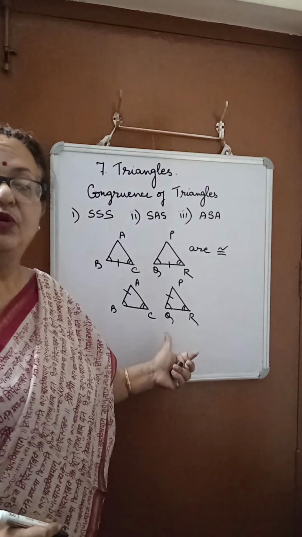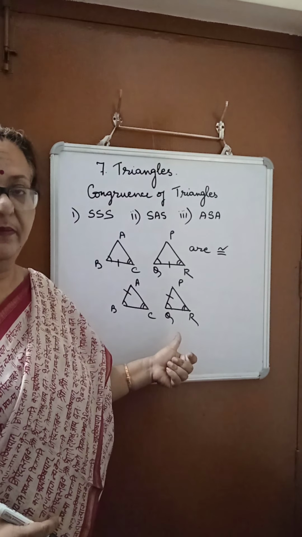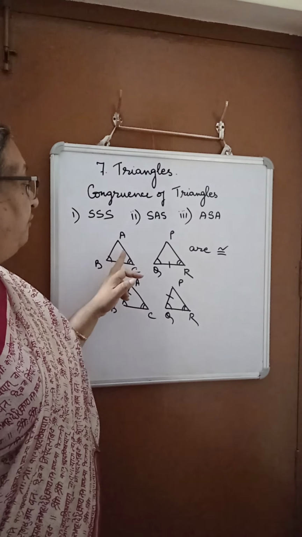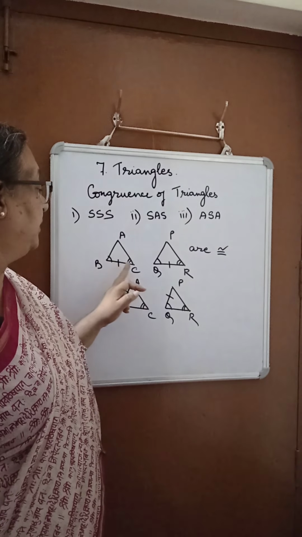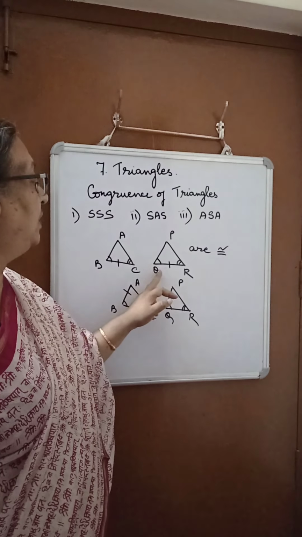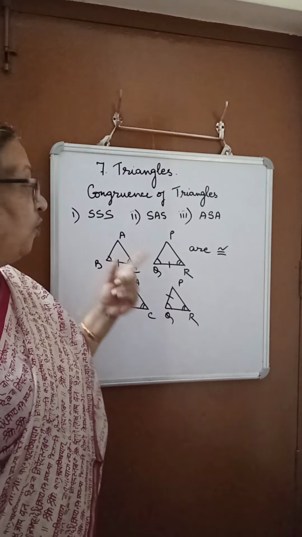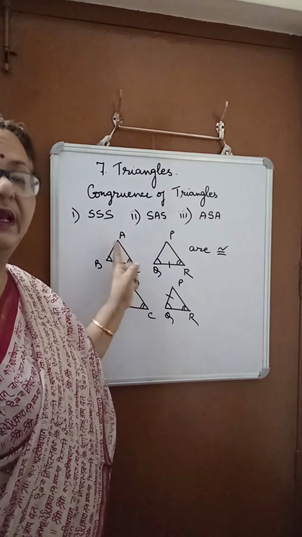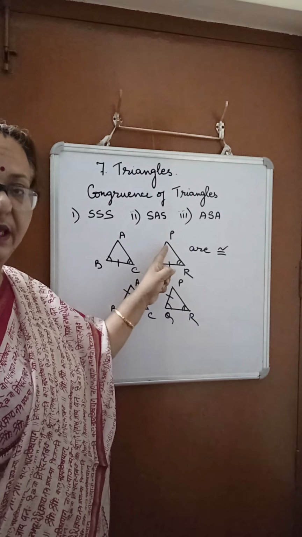Now, will the two triangles be congruent? Let us find out. Now, what happens here? When we talked about this one, the two angles are equal to these two angles. Then, what about the third angle? Will the third angles be equal? Will angle A be equal to angle P?